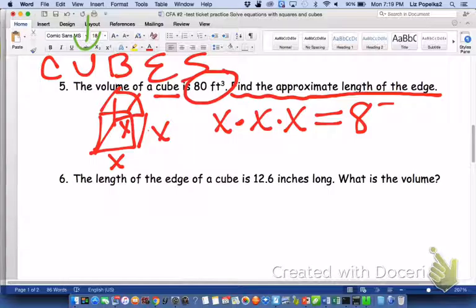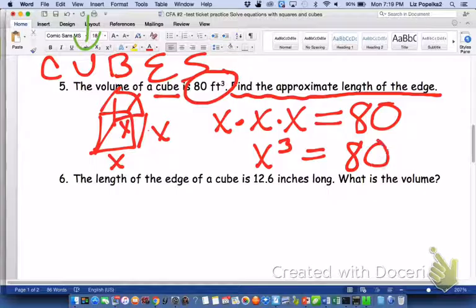If I multiply my length, my width, and my height together, I'm going to get 80. Another way to write x times x times x is x to the third. So now I've got one of those problems that I can solve with my calculator, one of those equation issues.